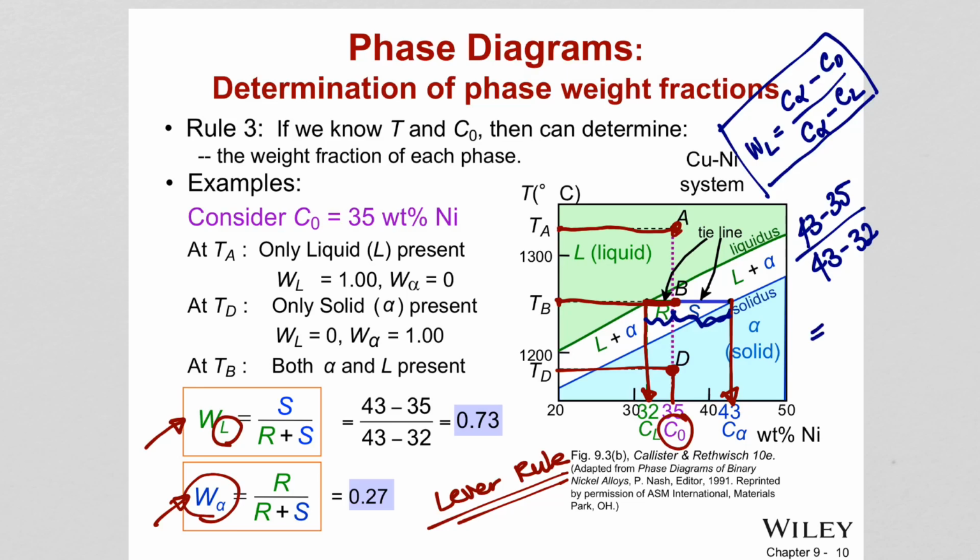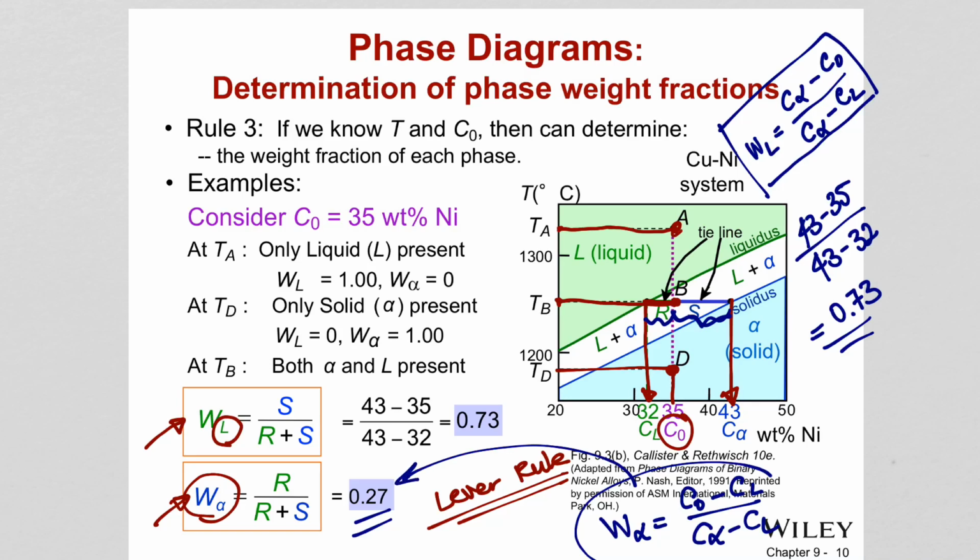This will give you 0.73, or 73% of the overall alloy is liquid at point B. And the remaining, of course, is going to be the solid. But to find the solid, you can again use this equation. That is going to be C0 minus C_L over C alpha minus C_L. You can use it to figure it out yourself.